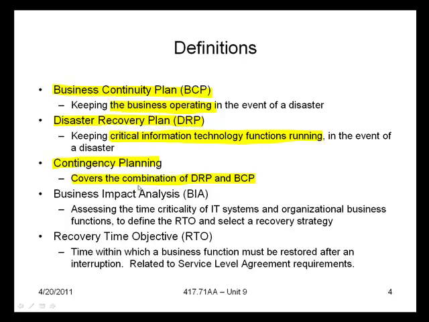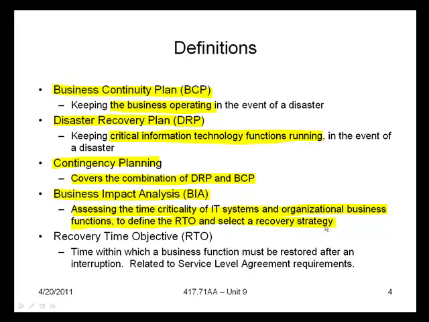A component of a disaster recovery plan, and not so much the business continuity plan, is the business impact analysis. You're looking at the time criticality of IT systems and organizational business functions to define the recovery time objectives and select a recovery strategy.